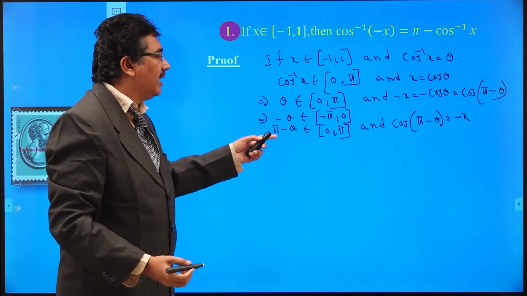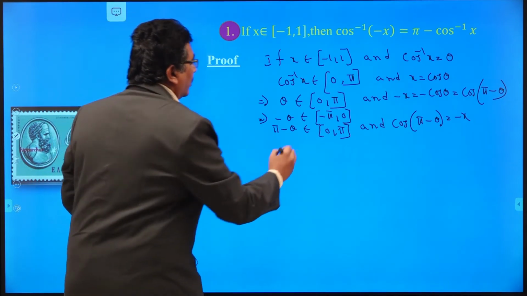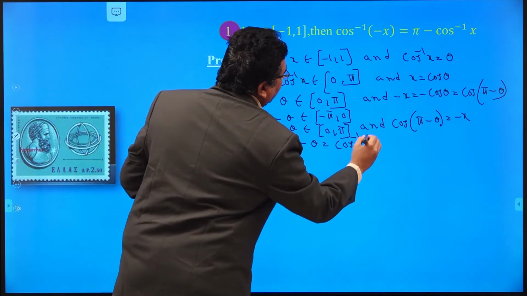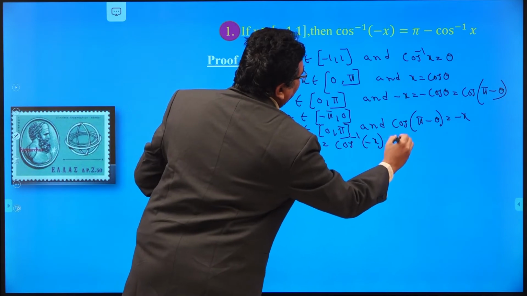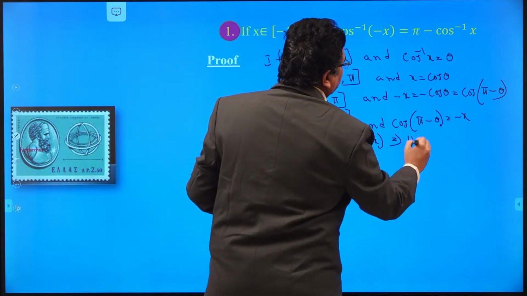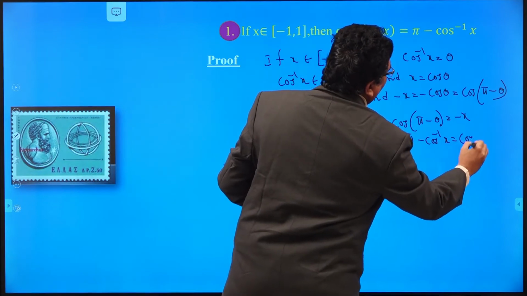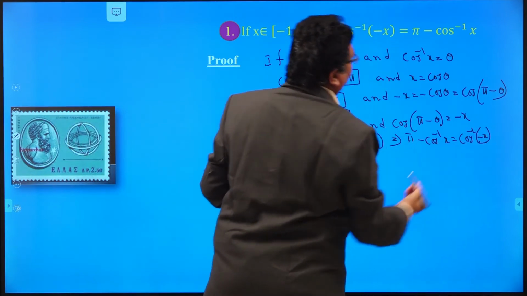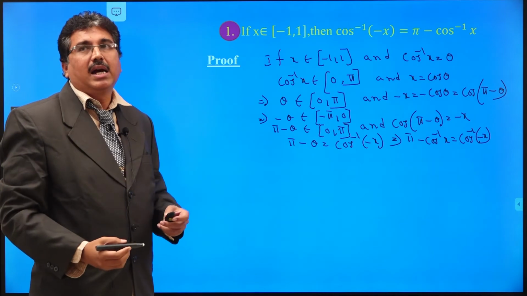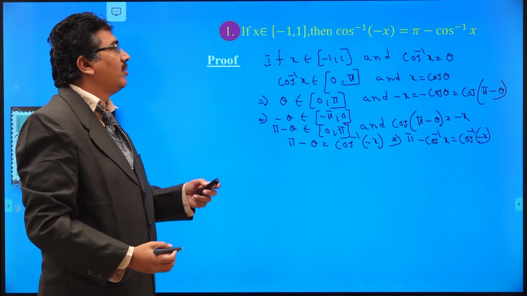By the definition of inverse functions, pi minus theta is equal to cos inverse of minus x. That implies pi minus cos inverse x is equal to cos inverse of minus x.